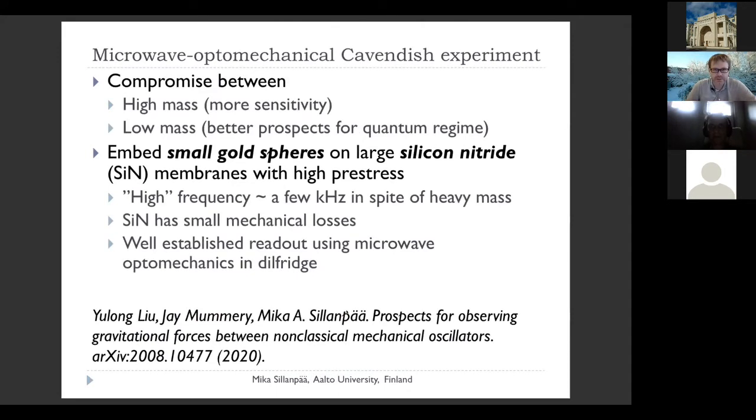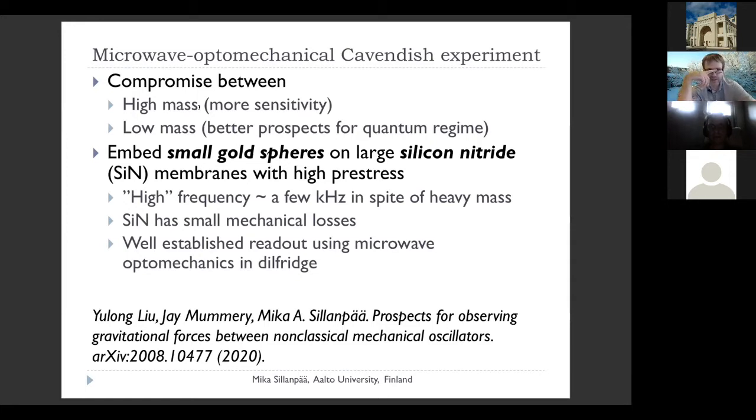Okay. So how to first of all translate this into microwave optomechanics? In the end, we want to bring it to the quantum regime, and that favors the masses being pretty small, because then the frequencies are higher and you have a better chance to go to the quantum regime. But on the other hand, high mass is strongly favored for more sensitivity. So we have been figuring out a sweet spot there.